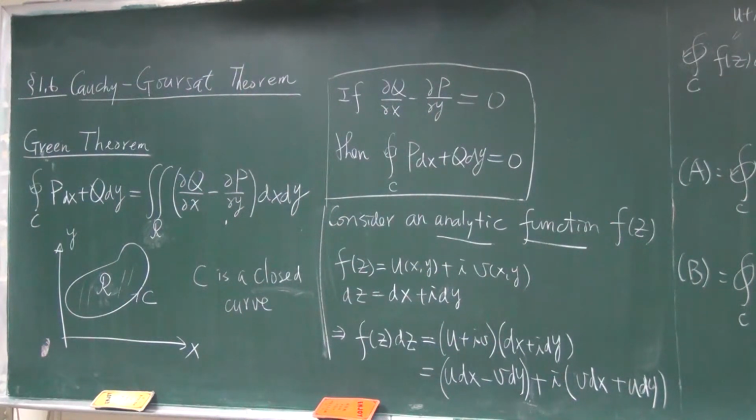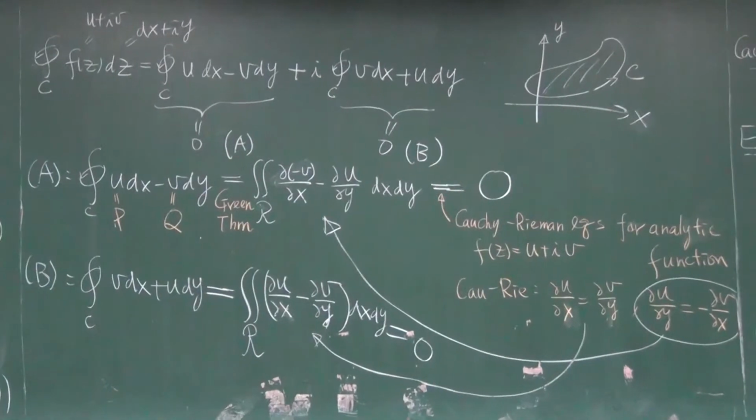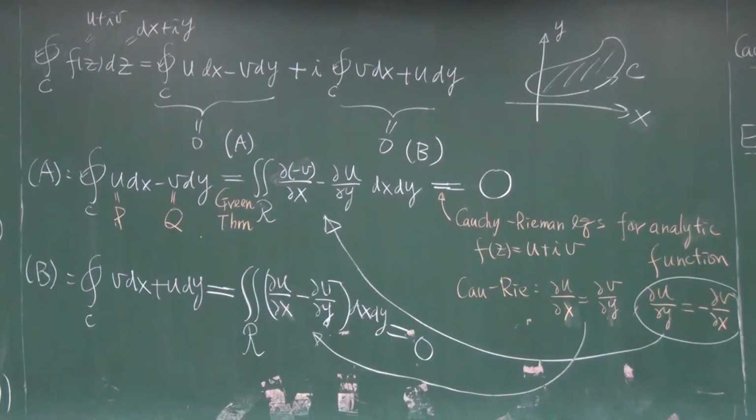So we can regroup the terms to know that f dz equals u dx minus v dy plus i times (v dx plus u dy). Let us repeat this result here.